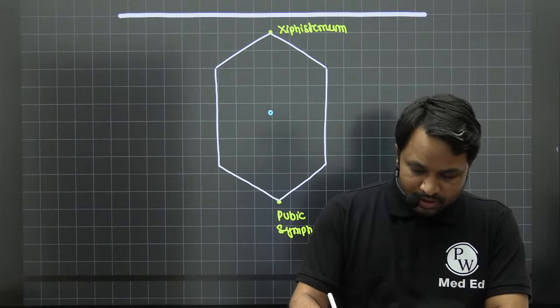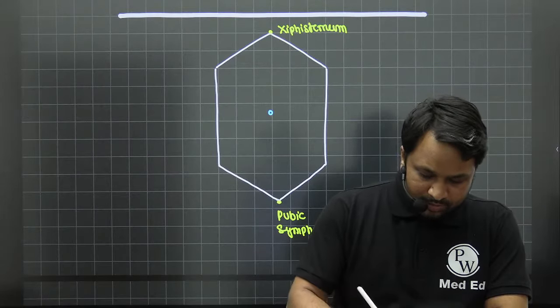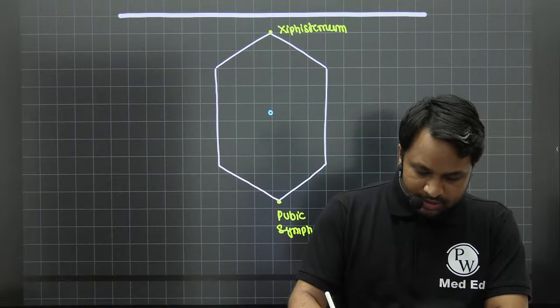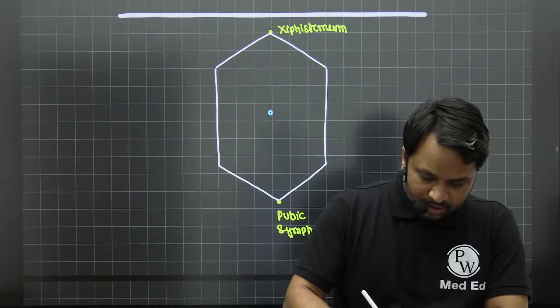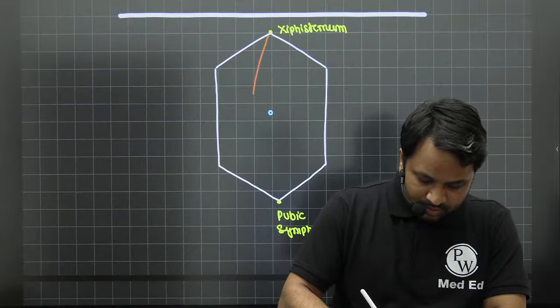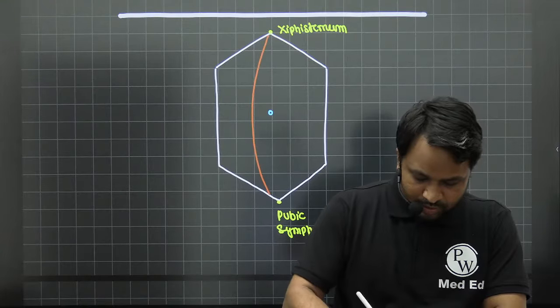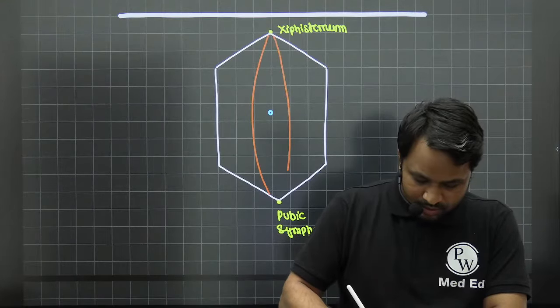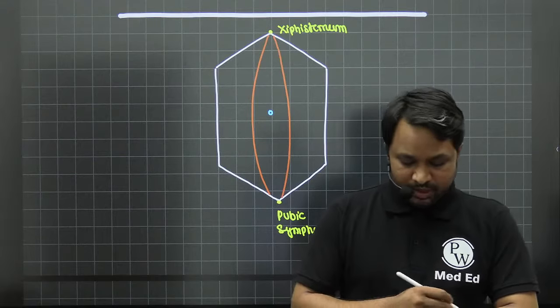You will notice that the rectus abdominis muscle will start from the xiphisternum and go all the way to the pubic symphysis, right?